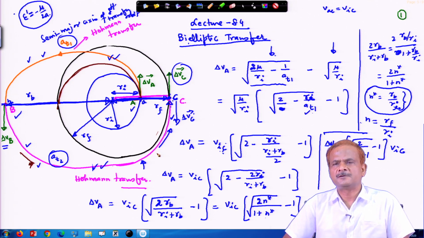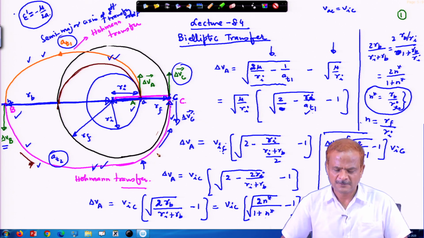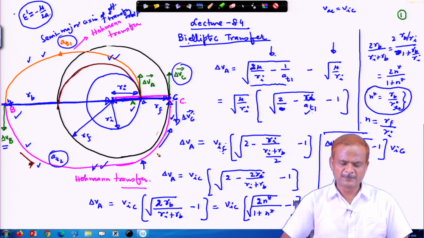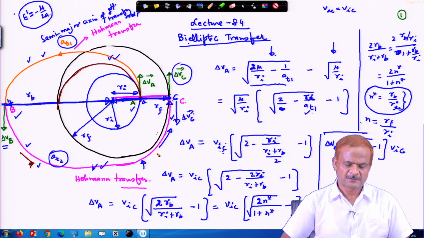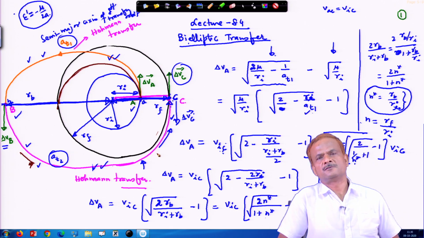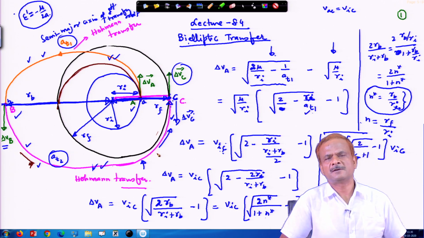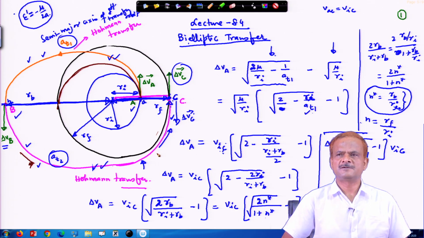If the time is mandatory to be maintained, then we have to resort to the Hohmann transfer, or if you require it in the least time, you have to go for some other orbit.